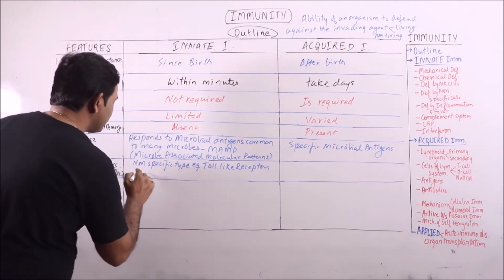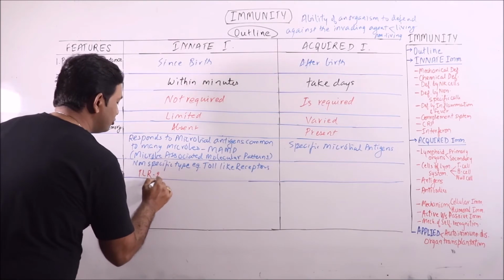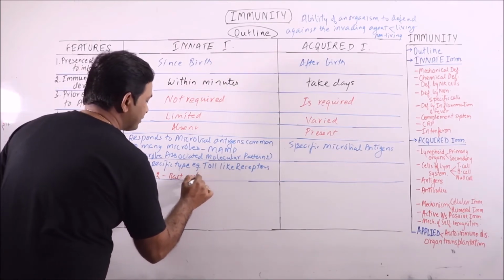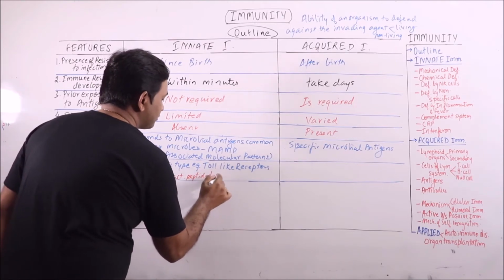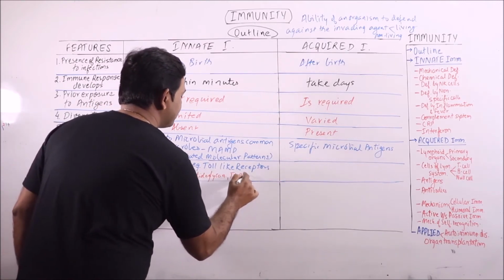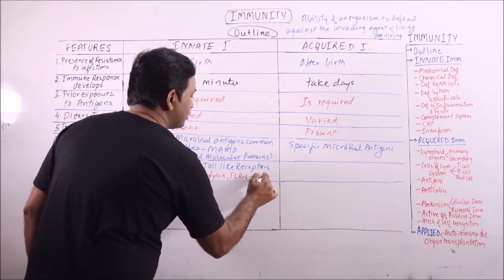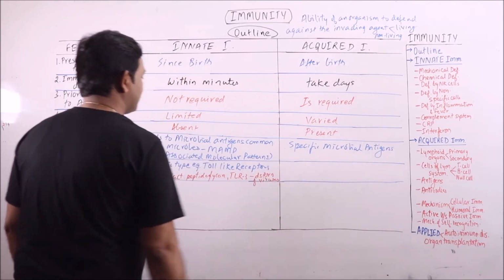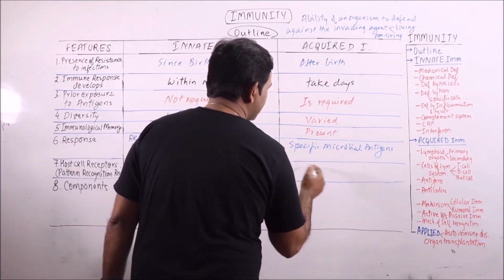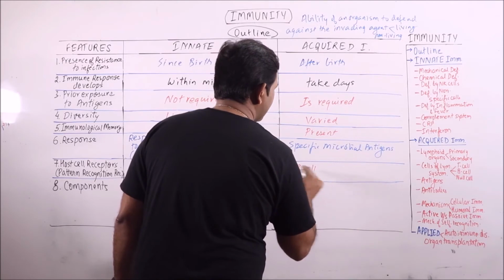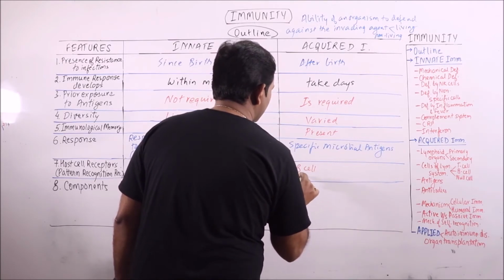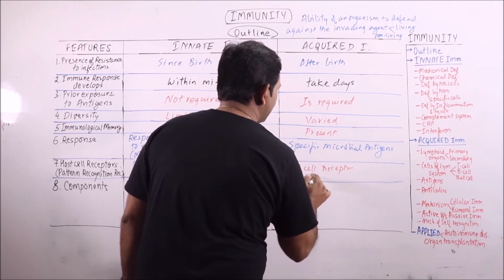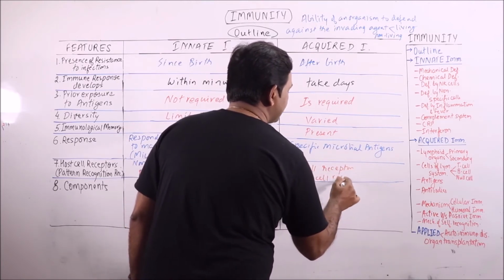For example, toll-like receptor 2 binds with bacterial peptidoglycan, while toll-like receptor 3 binds with double-stranded RNA of viruses. While here the host cell receptors are very specific, that include B cell receptor and T cell receptors.